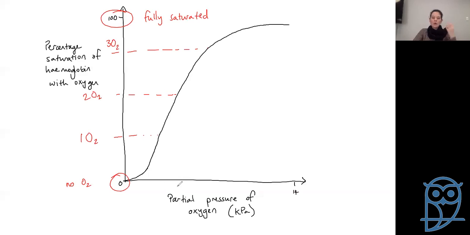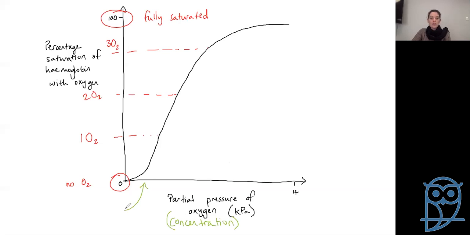So think about now, where have we got this? What are we thinking about? We can understand it in terms of saturation and number of oxygen molecules bonded, but we can also understand this about where we are in the body. If we look on this side, partial pressure of oxygen, thinking about that as concentration of oxygen, where are we going to get low and where are we going to get high?